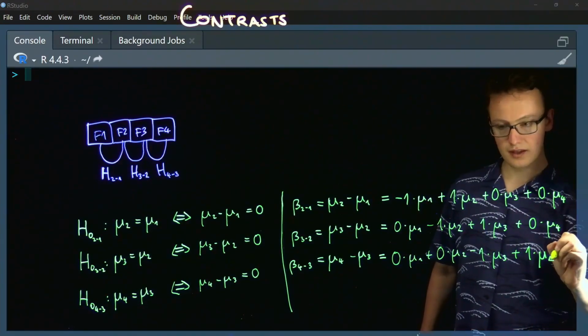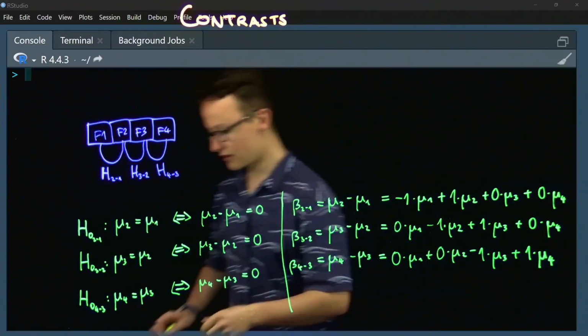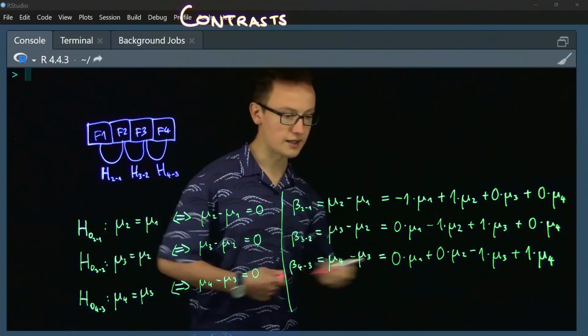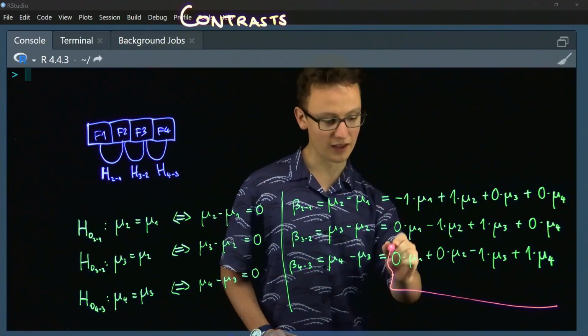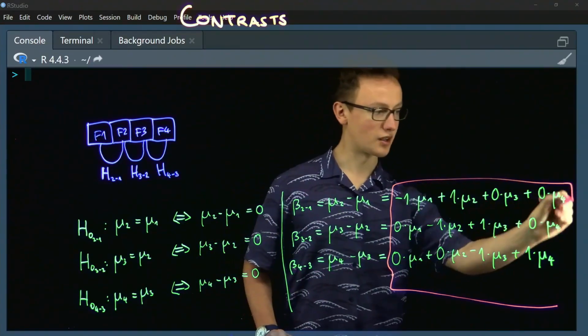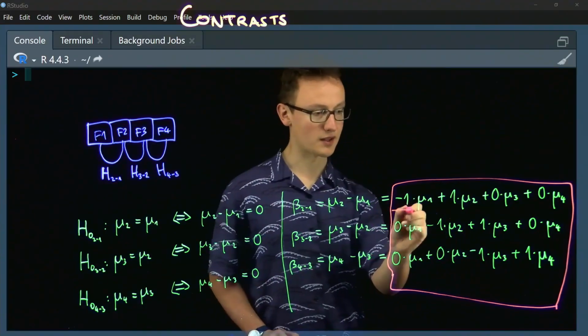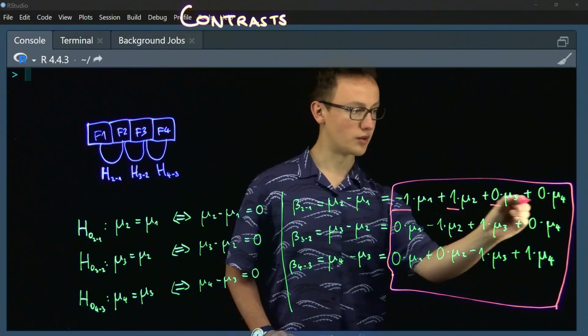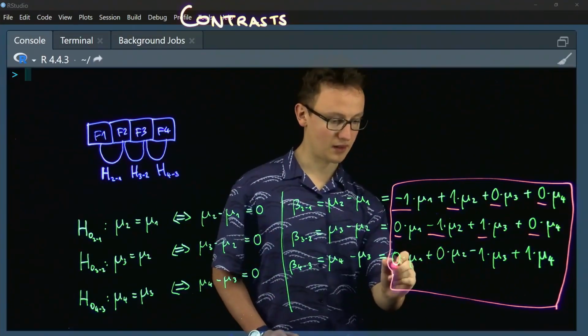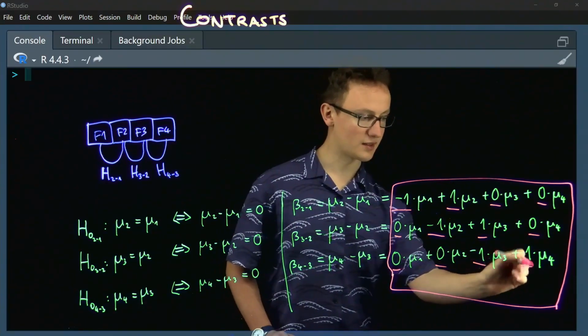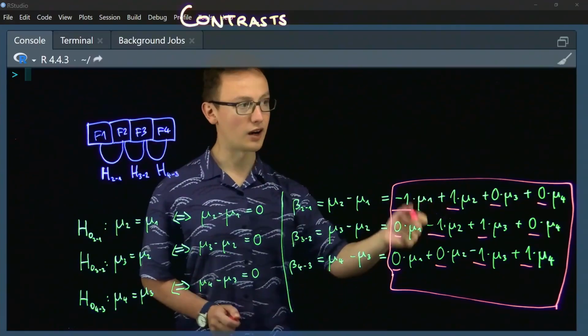So here in these equations, on the very right side, you can already see the coefficients that go into the hypothesis matrix. So this -1, this 1, this 0, this 0, this 0, this -1, this 1, this 0, and the same for the last line. So these numbers are our hypothesis matrix.